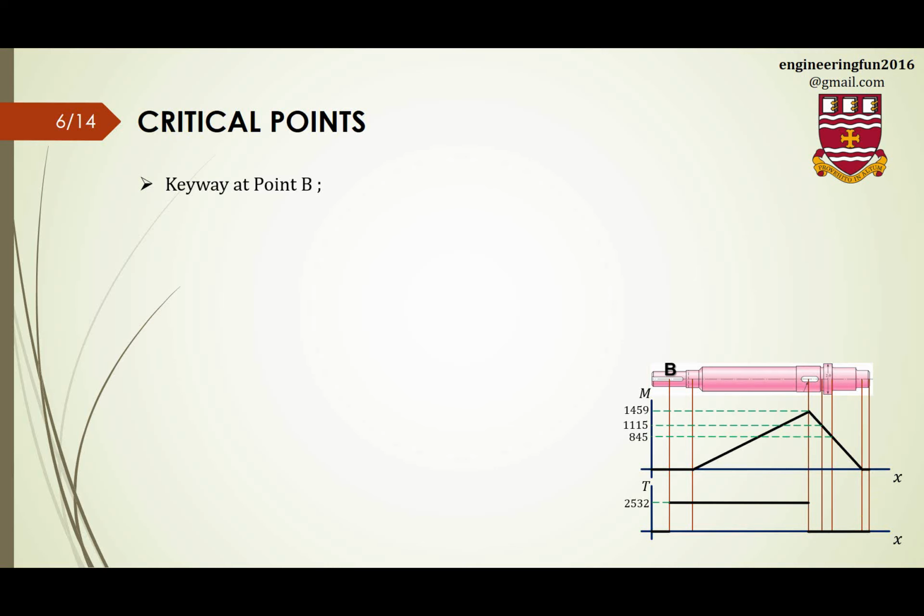So at point B, because there is no dynamic loading and there is just some static type of load, we expect that we're going to have some static criteria involved when we analyze this point.